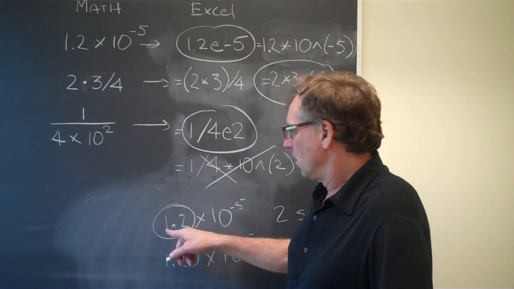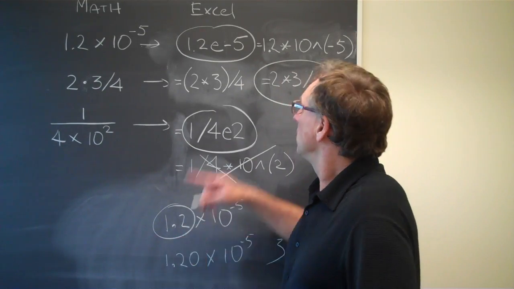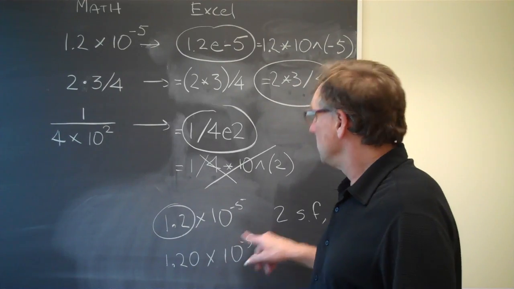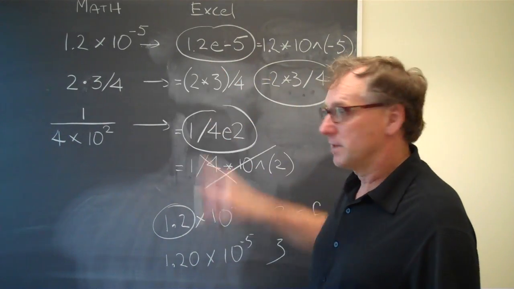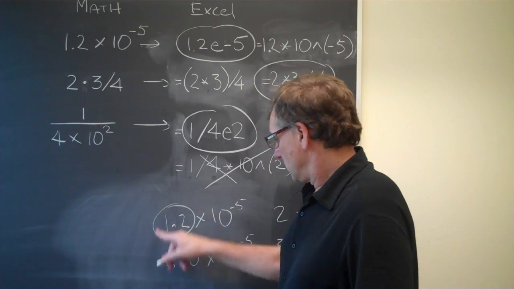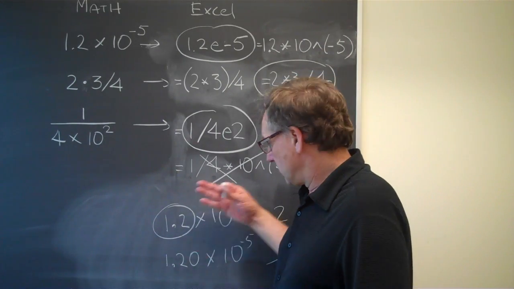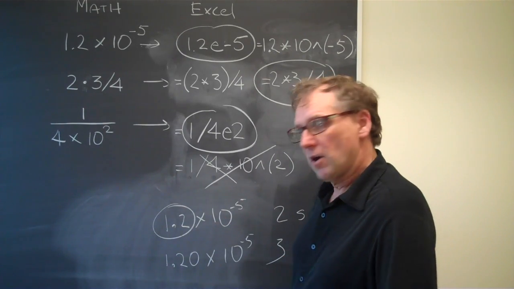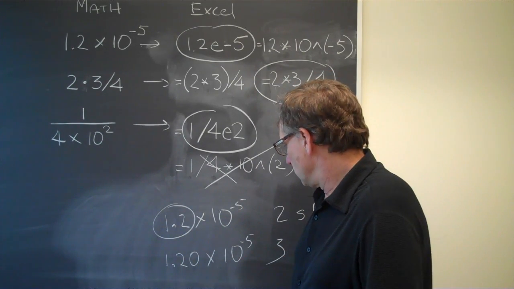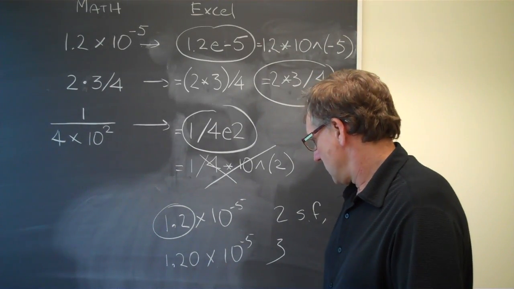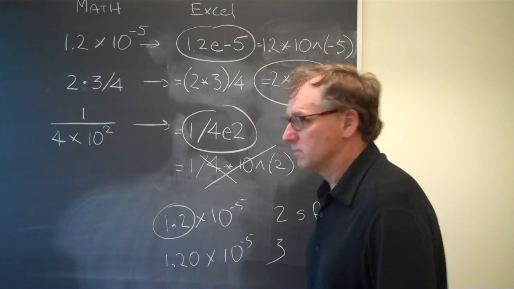If you wrote 1.2 e minus 5 or 1.20 e minus 5, it's the same, because Excel doesn't care about trailing zeros. The idea of significant figures is just to convey to somebody who's looking at this number how precisely you think you know that number. And that's about it for right now.